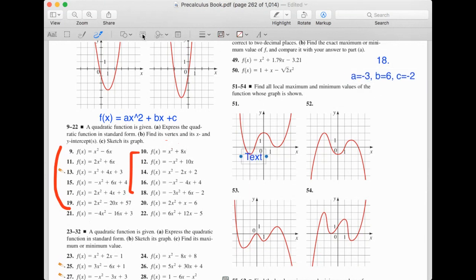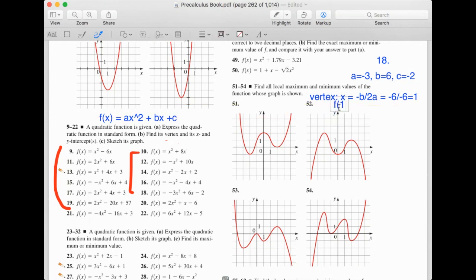All right, now let's find the vertex first. Vertex will have x equals -b over 2a. Right? So negative, what is b? B is 6. So 2 times a, what's a? A is -3. 2 times -3, -6. So -6 divided by -6, that's 1. That's the x value for the vertex. Then we want to find f of 1 for the y value.